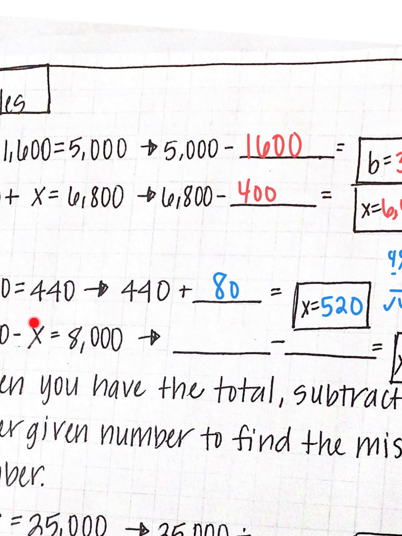I take away something smaller, here's what I'm left with. So what I want to do is take my bigger number, 10,230, and subtract what? 8,000 from it. And that leaves me with 2,230. So I should be able to plug in this number here for X and end up with exactly 8,000.